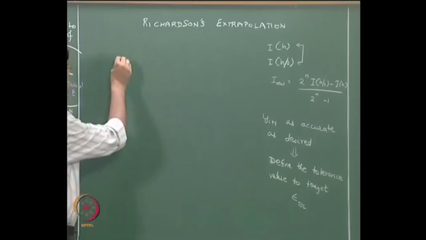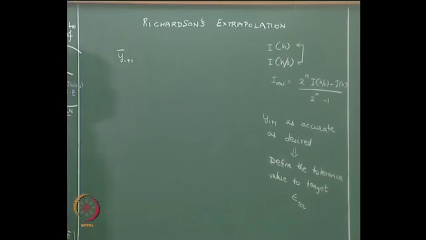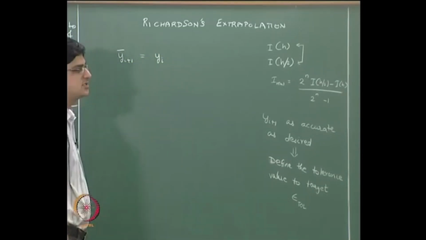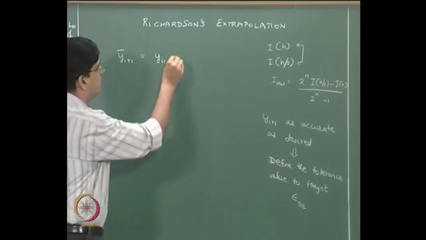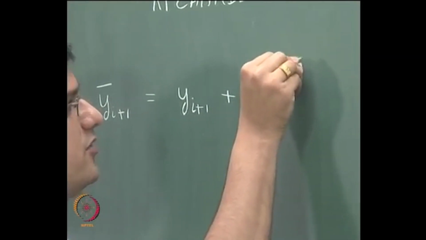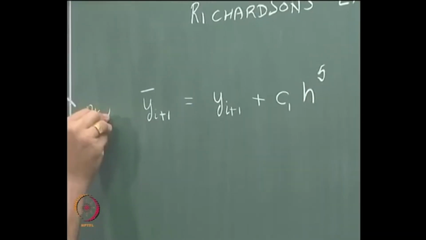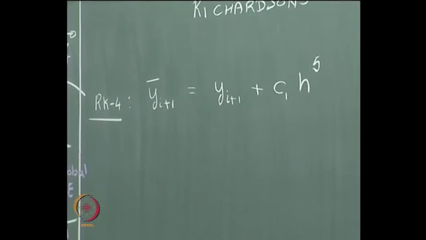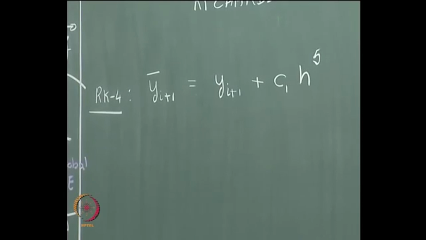The idea is this: the true value y(i+1) is going to be equal to y(i+1) computed numerically, plus some constant C1 multiplied by h to the power 5 for the RK4 method. Okay. This is what essentially we had written over here. I have just rewritten this particular equation.